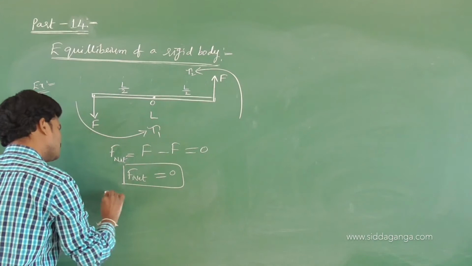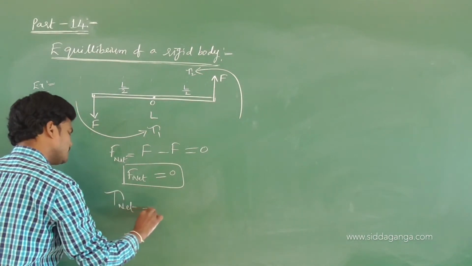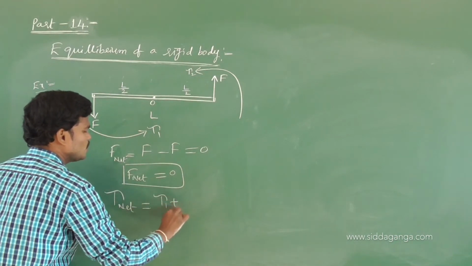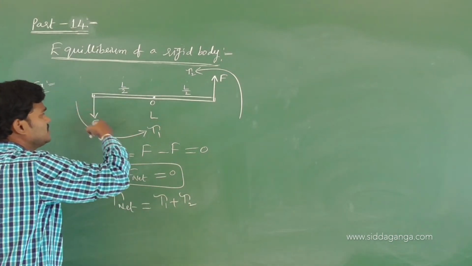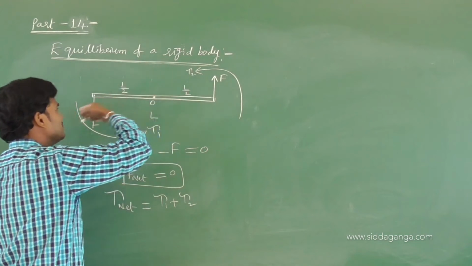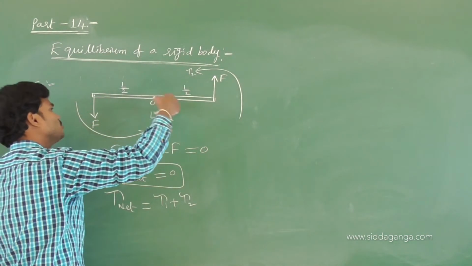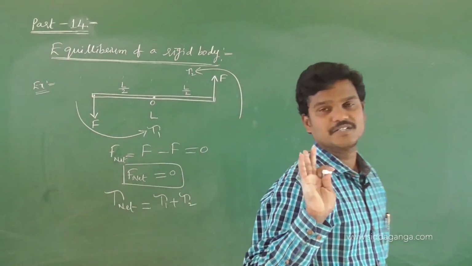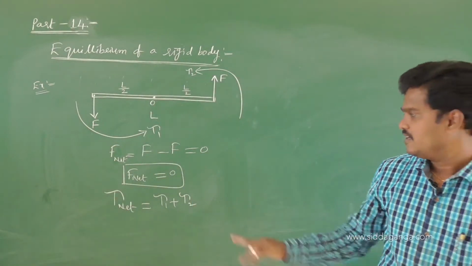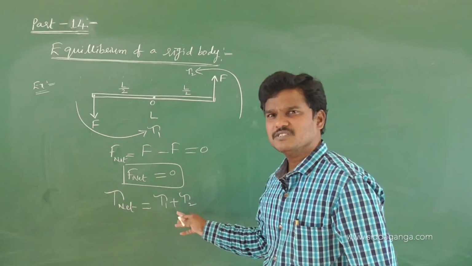What is the net torque? Net torque we can write as tau 1 plus tau 2. Why tau 1 plus tau 2? This is tau 1, this is tau 2, and both are in the anti-clockwise direction about O, so you can add them. Can the sum of two such numbers be equal to 0?